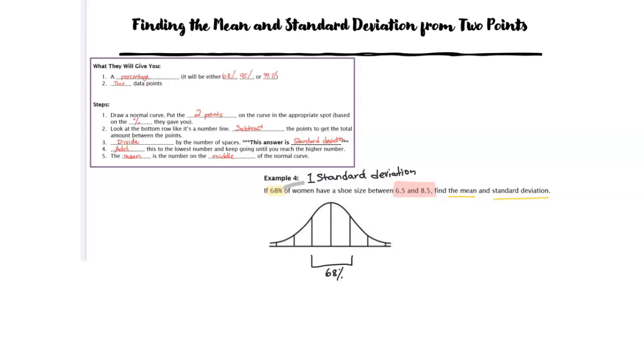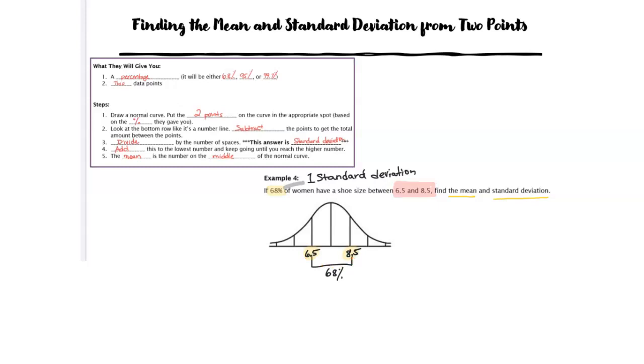So then that says that those 2 numbers that they've given you go here and here. Our first number, the lowest one, is 6.5. And our higher one is 8.5. So that's the information that they've given us. We know that it's 68% of our data, so that's 1 standard deviation. And the lowest number is 6.5, highest number is 8.5.